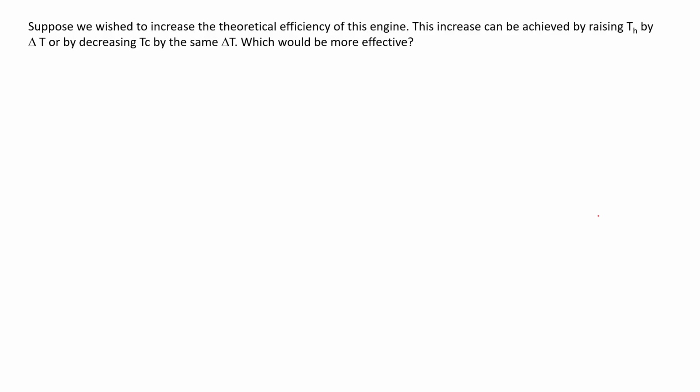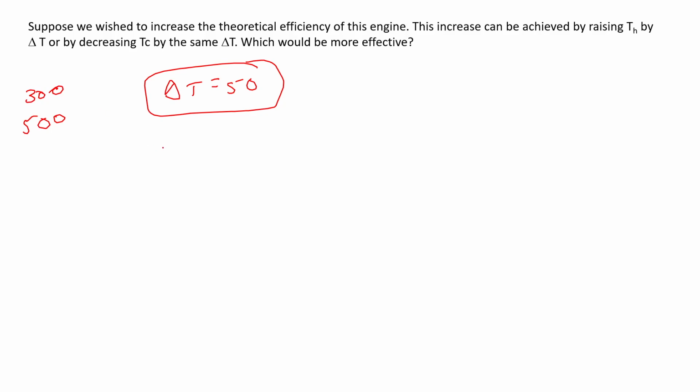For this case, just try with a delta value of 50 degrees. Like earlier, the temperatures are 300 and 500. Take your delta value as 50 and analyze this, then let's see which one will be more feasible. You have to calculate both cases.